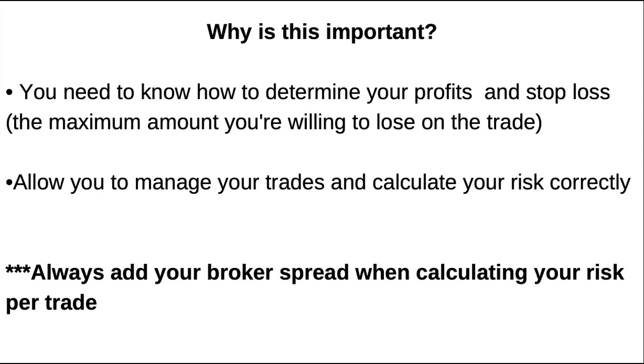So you want to make sure that you're taking that into account when you are determining your stop loss and your risk. So if your broker is charging 5 pips, then you want to add those extra 5 pips in when determining your risk and setting your stop loss. And we will go over that more in depth in a future lesson.